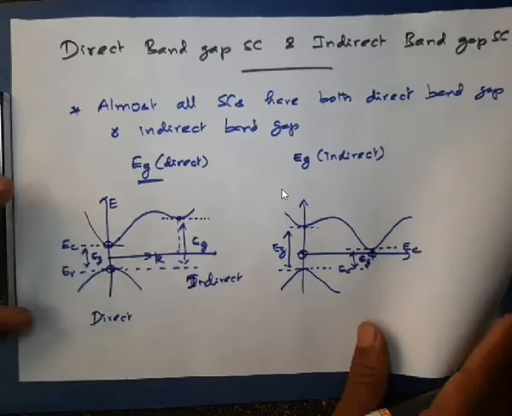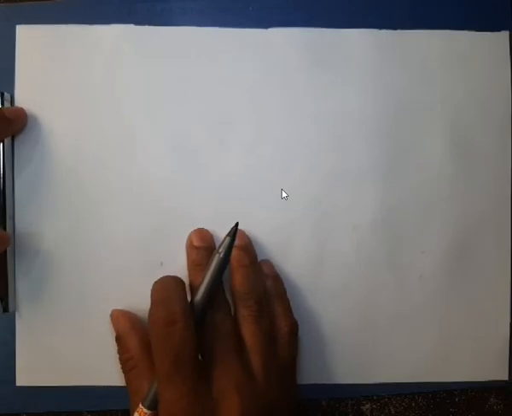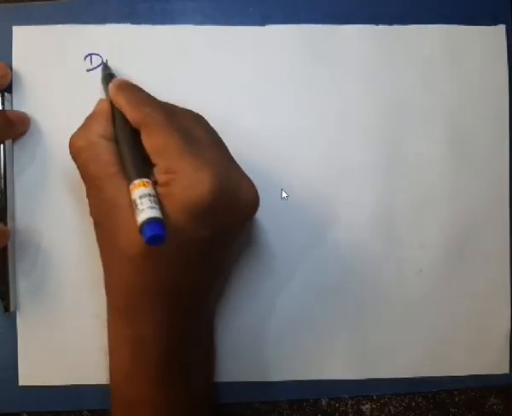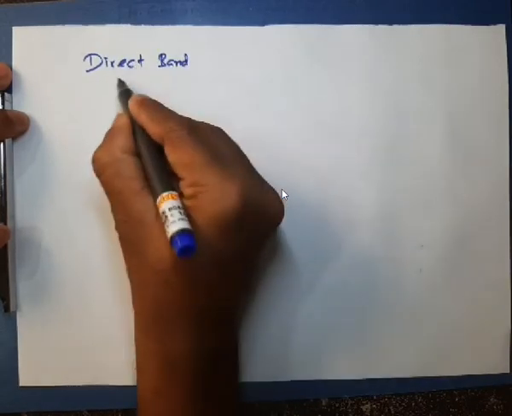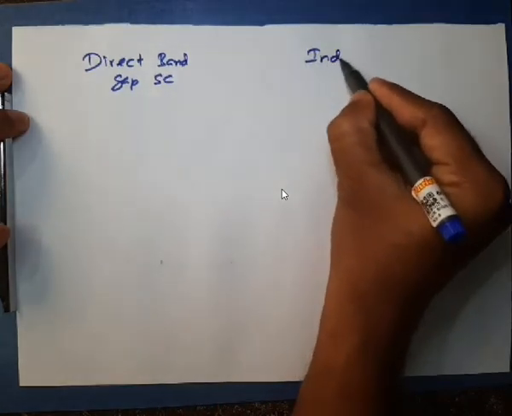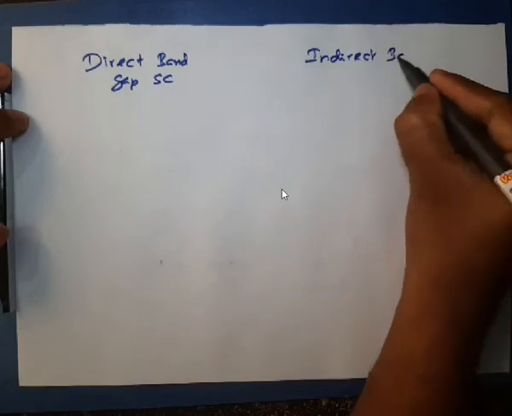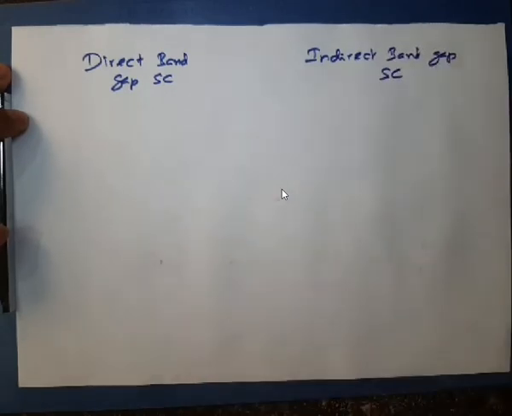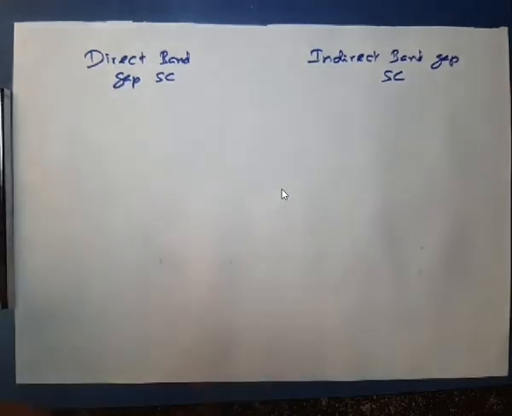Now I'll give some examples for direct band gap semiconductors and indirect band gap semiconductors. Keep this in mind.